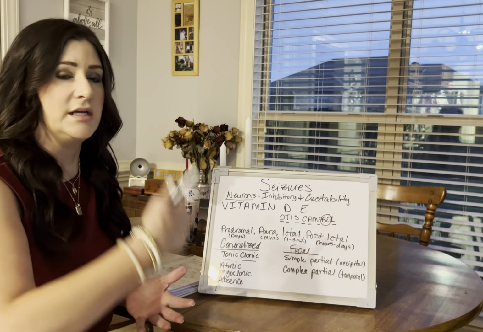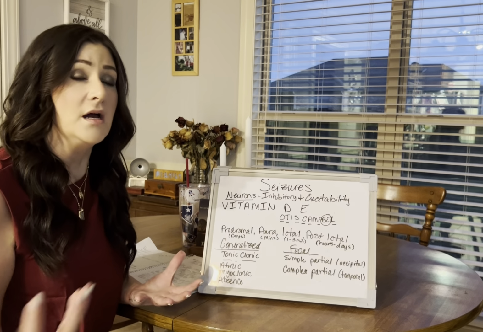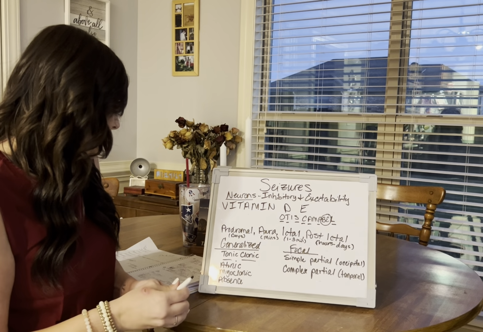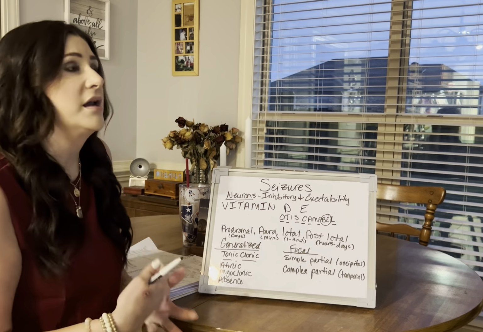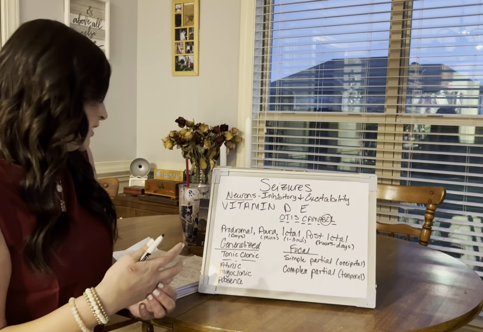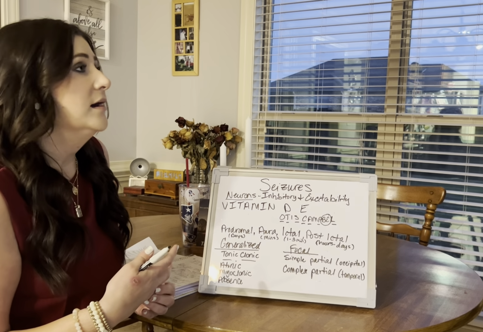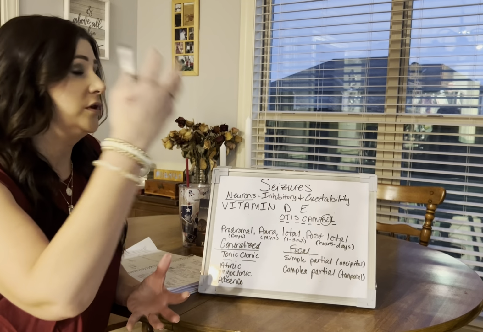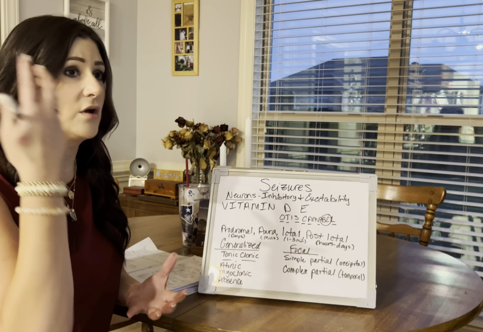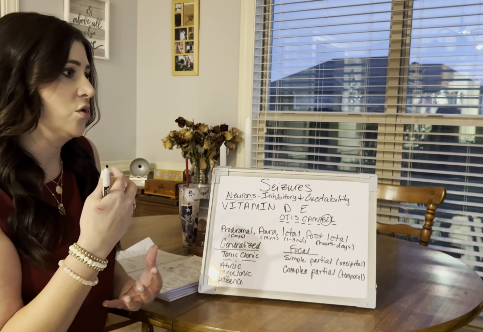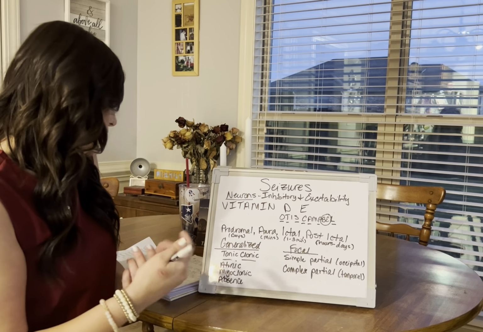And the aura can vary widely from patient to patient. Most likely we're going to see an aura with those tonic-clonic seizures and some of those focal seizures. An aura can mean for one patient that they have visual hallucinations, or weird auditory sensations, or a weird taste in their mouth, or a weird smell.